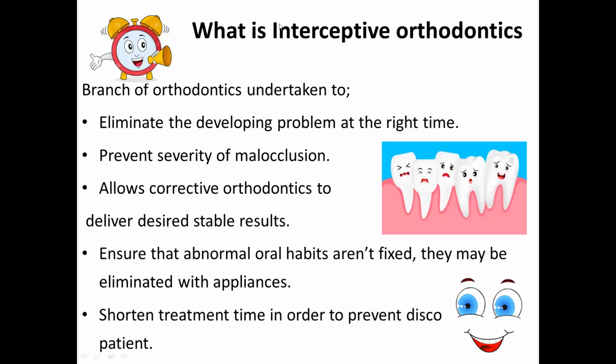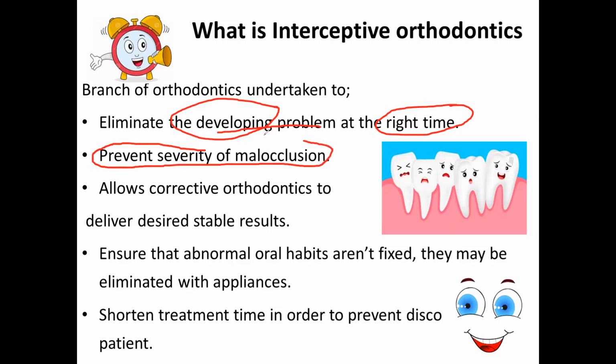In interceptive orthodontics, first of all, we try to eliminate a developing problem. The problem is still developing, and we try to eliminate it at an early stage, at the right time. We cannot wait for the problem to reach the severity level. Number two, we are interrupting the developing problem, which means we are preventing the severity of malocclusion.